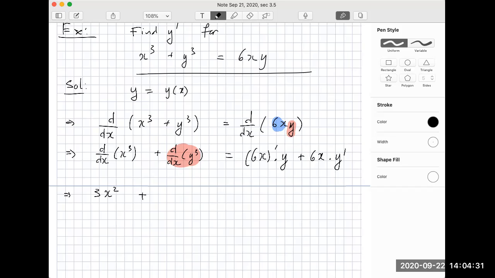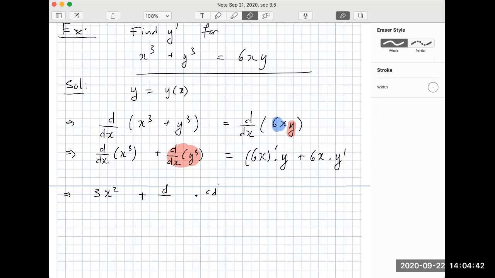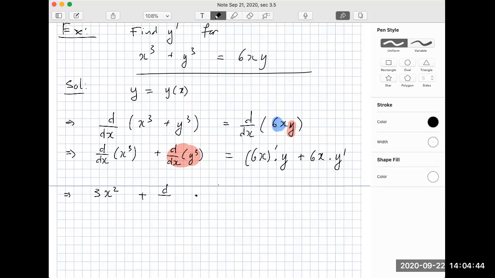And here we use the chain rule. It means d over dy of y cubed times dy over dx, right? Chain rule right here.